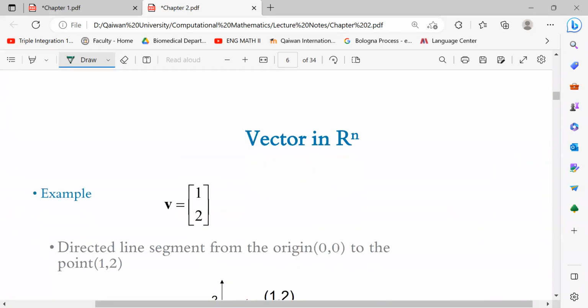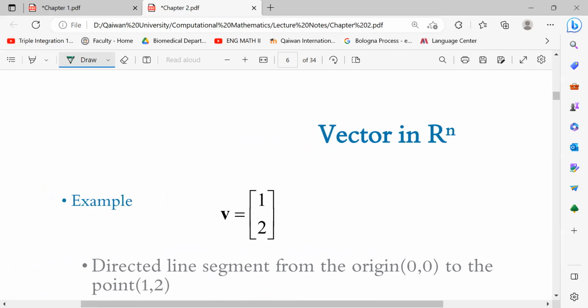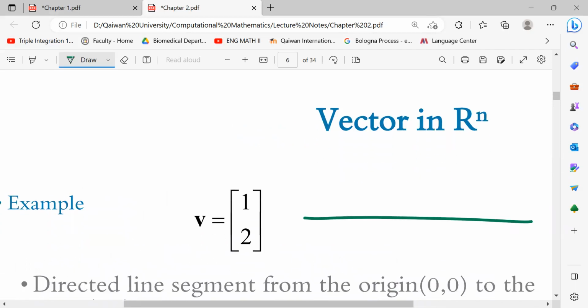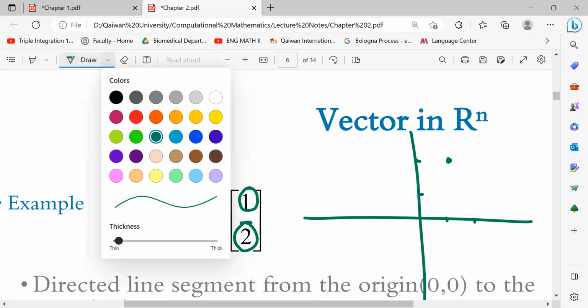Look at this. Here we have this vector. To represent this, x is 1, y is 2. Let's represent this point, 1 and 2. How to represent this vector?